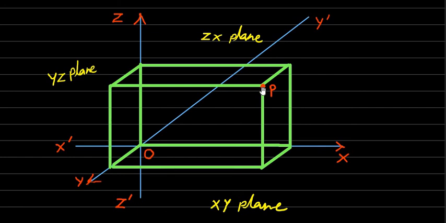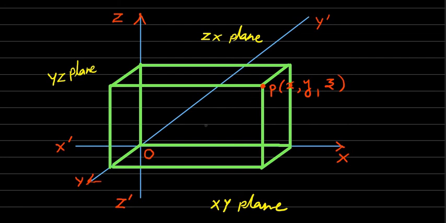Then obviously from this we conclude that if x, y, z are the coordinates of the point P, where small x, y, z are real numbers, then what is x?